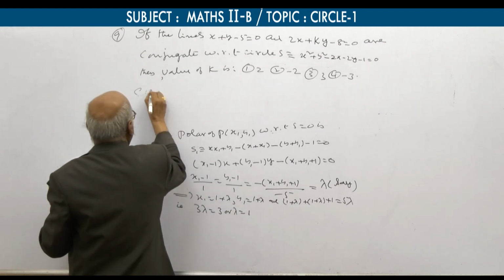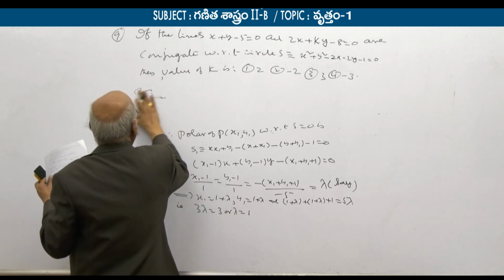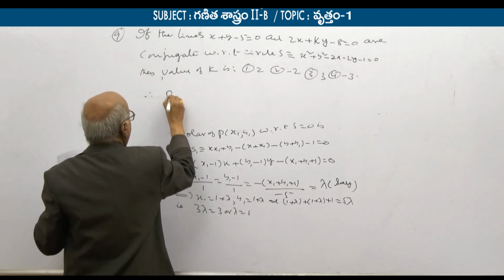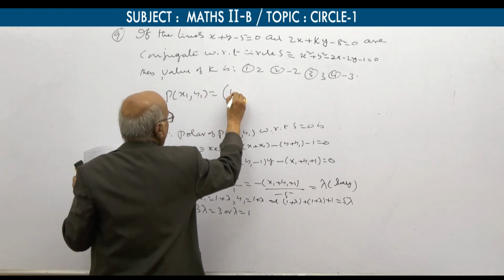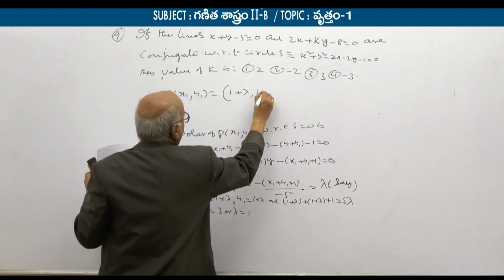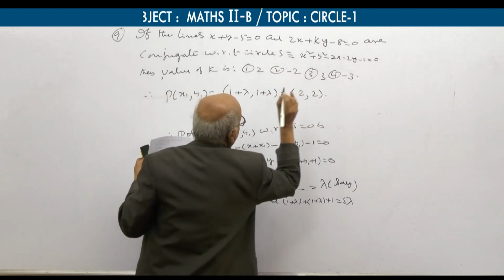So P(x1, y1) is simply (1 plus lambda, 1 plus lambda), which is equal to 2 comma 2.